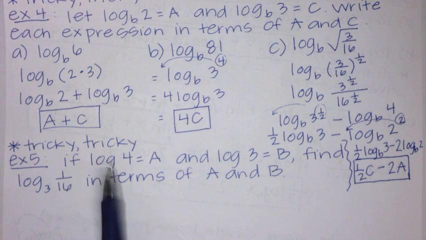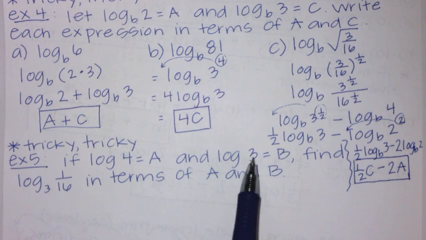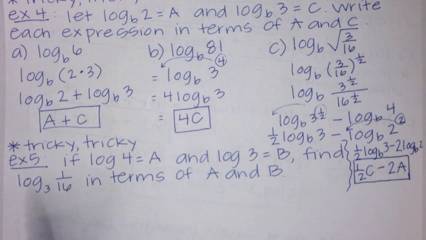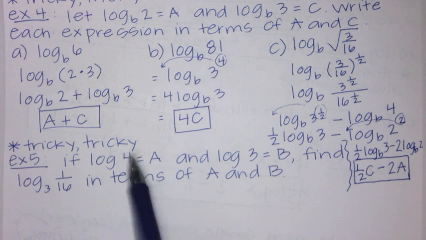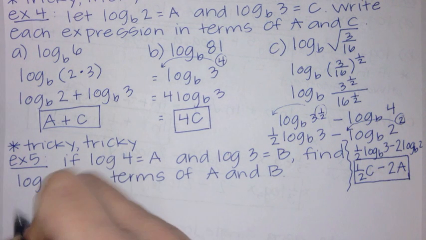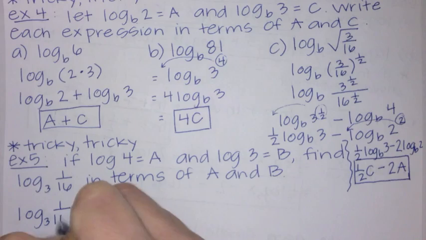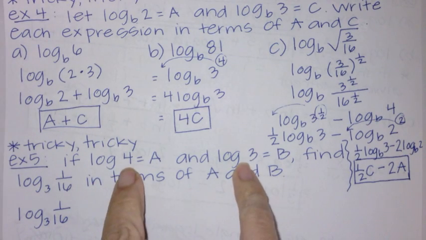This says if log base 10 of 4 is A and log base 10 of 3 is B, find log base 3 of 1/16. So notice how A and B are base 10, and notice how the given one is in base 3, so we have to use a change of base formula, and we definitely don't want to use the natural log for this one because the given ones are base 10.